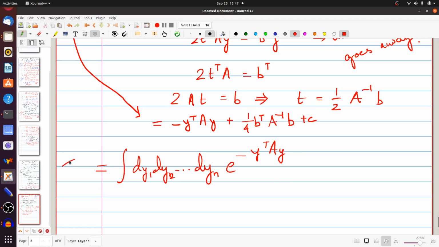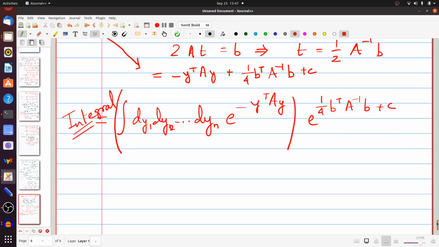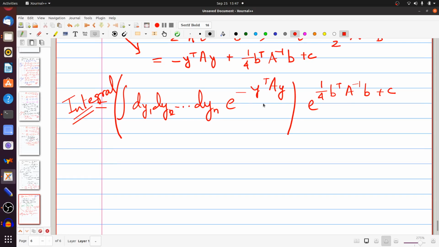So this is our integral that we wanted to do. And then comes this piece, which is just a constant, b transpose A inverse b by 4 plus c. We are still not done, but we are quite a long way to our goal, and this is the only integral that we do. This, of course, is a constant. It can be taken outside the integral. Now, how do you do this integration?